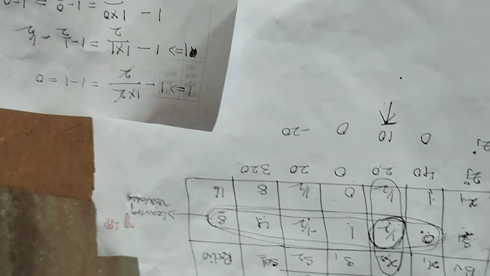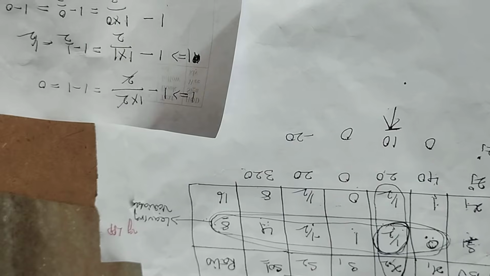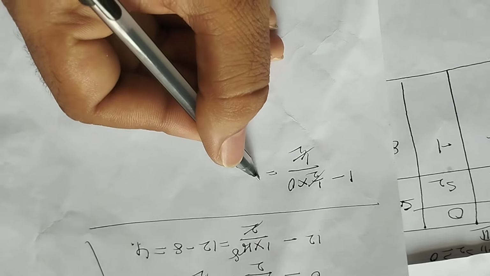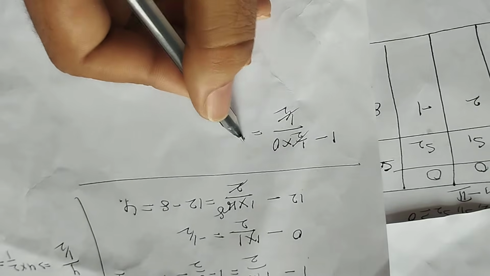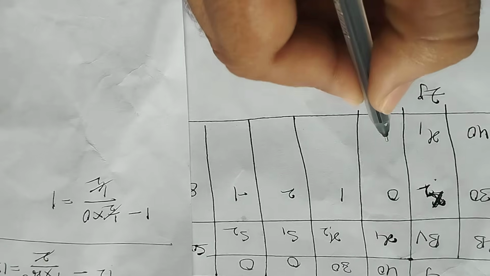The 1 by 2 cancels with 1 by 2, so it is 1 minus 0, the value is 1. Just writing here the value 1.